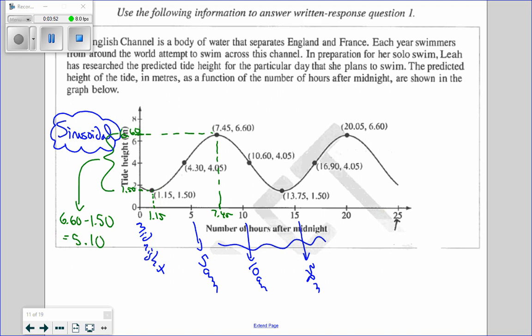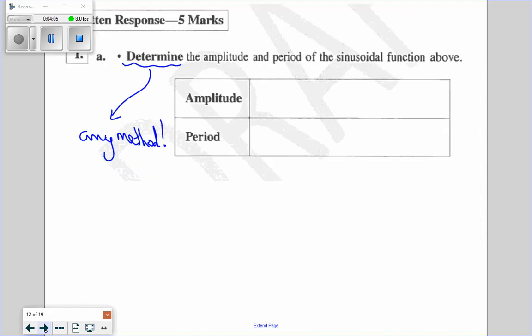That's the total distance. And then you're going to divide that in half. So 5.1 divided in half, I think is 2.65. 2.55. Oh, that's close. So the amplitude is 2.55 meters. It's half the total distance.